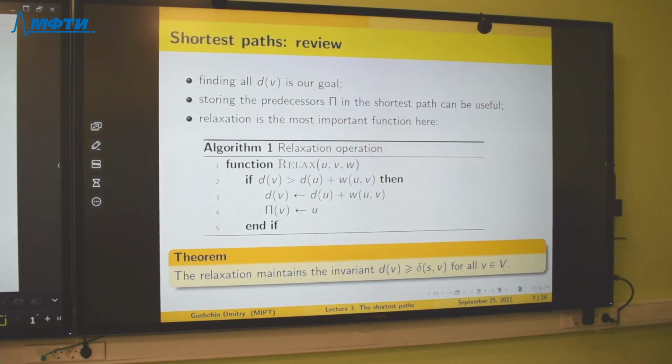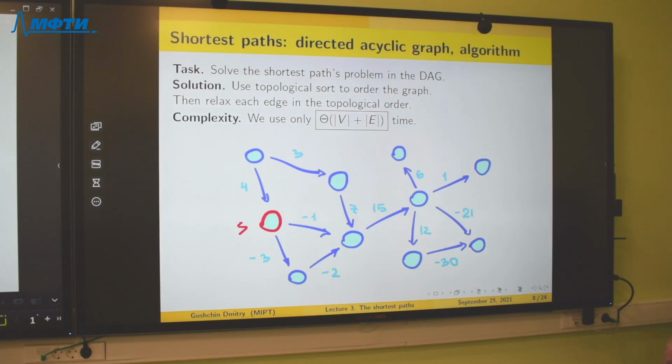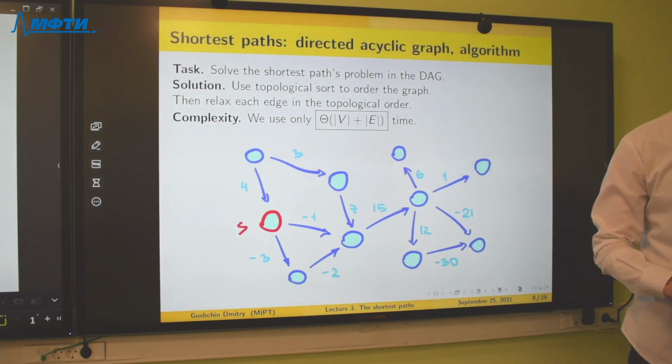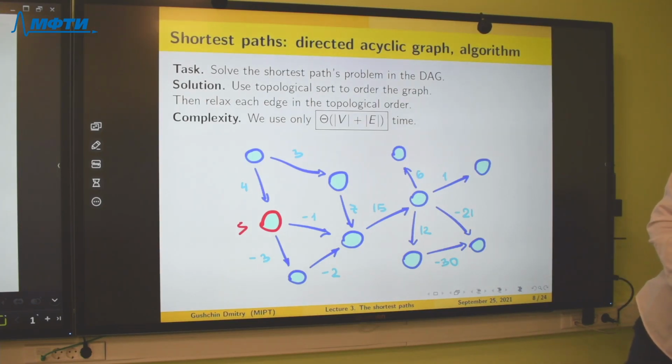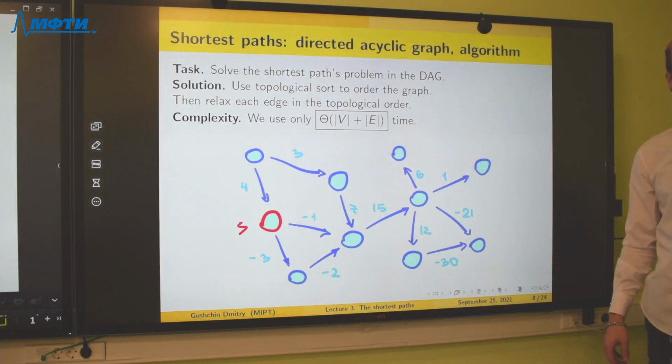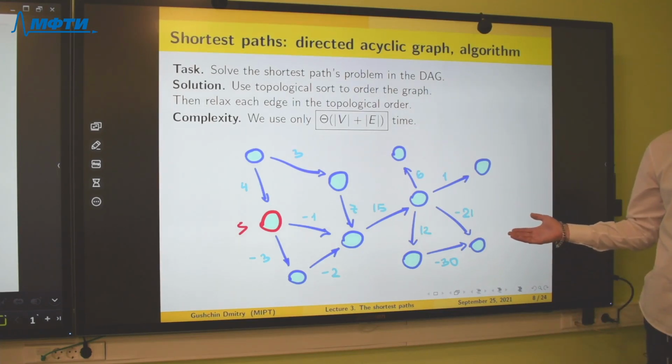So you need to remember it. And firstly, we'll talk about a simple example of graphs that has a very simple way to solve the shortest path problem. It is a directed acyclic graph. Remember it?